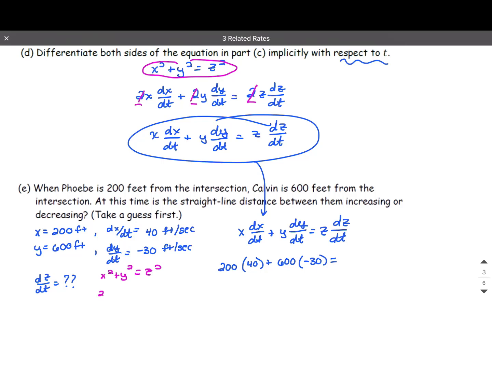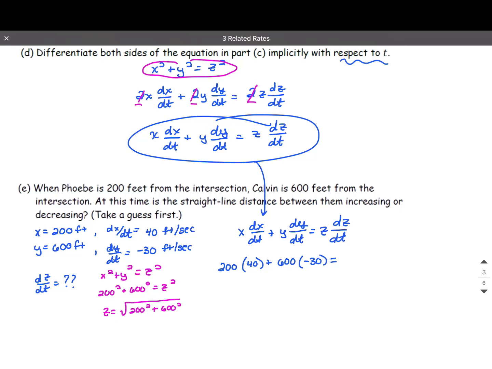So that means that 200 squared plus 600 squared equals z squared, or z equals the square root of this. Now, you could go ahead and square these and add them up if you want. Do not take the square root and get a decimal. You are not allowed to round.